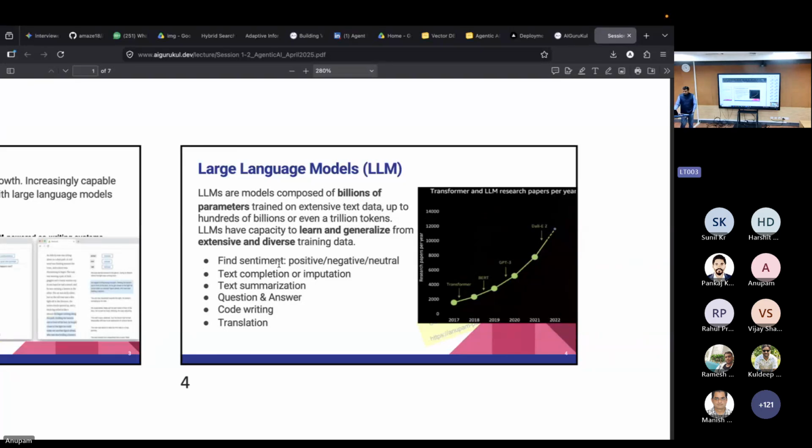A language model, by definition, is a transformer based architecture which is trained on lots of data. It all started with training them on textual data.